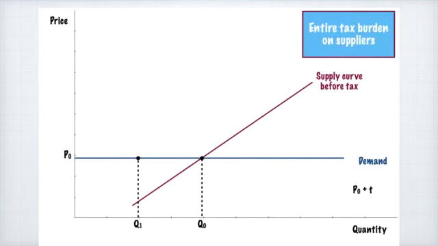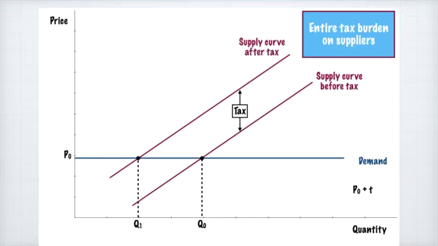Another further example is if the supply is perfectly elastic, horizontal. Actually, let's take a look at this situation where the demand curve is perfectly elastic, horizontal, and the supply curve is upward sloping. The supply curve is going to shift upward, equivalent to the amount of the tax. So we have a new equilibrium, which is the same price, P0, and the new equilibrium quantity is equal to Q1.